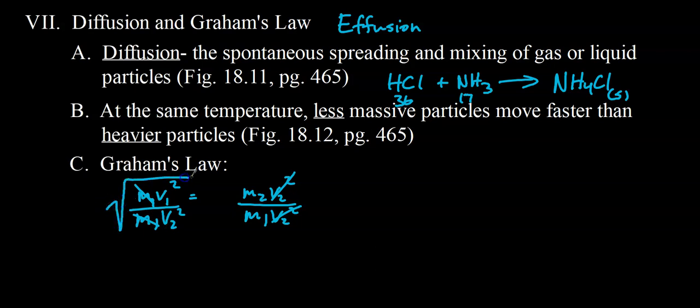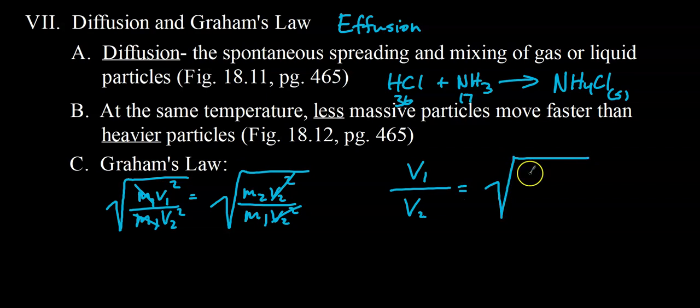One last step, and then we'll arrive at Graham's law. Let's take the square root of both sides. And so I'm going to write that over here. So what we get is v1 over v2 is equal to the square root of m2 over m1.